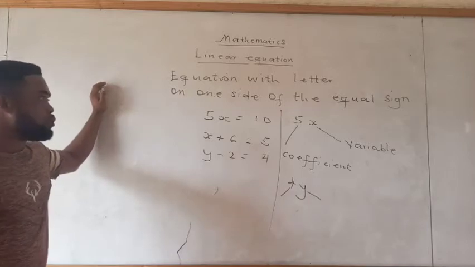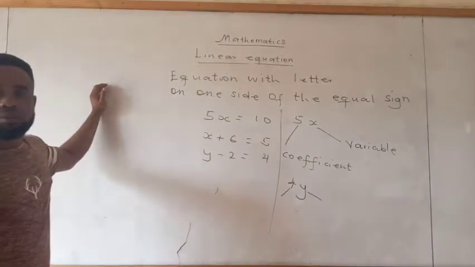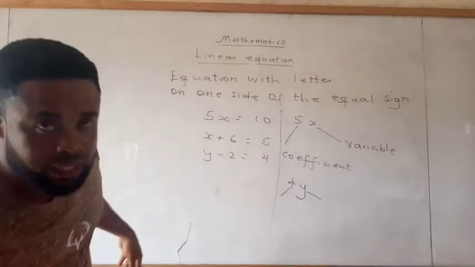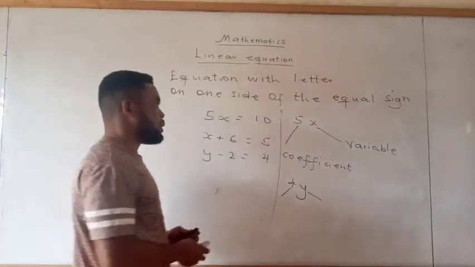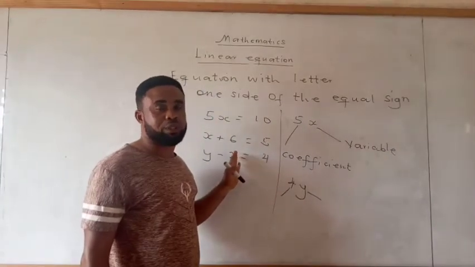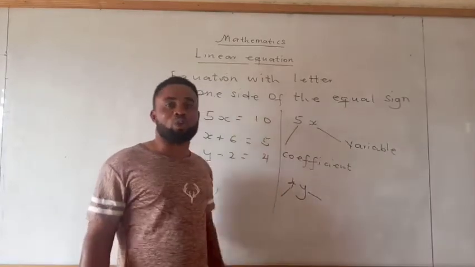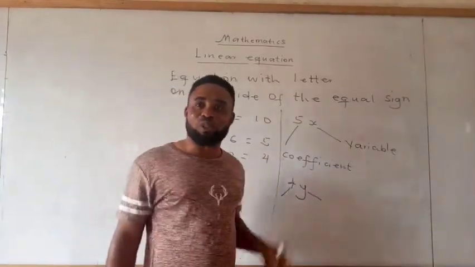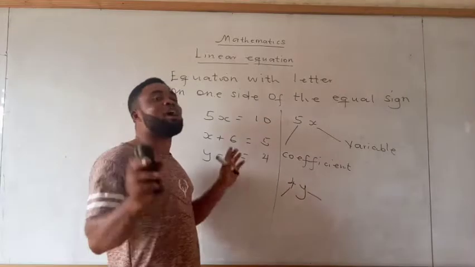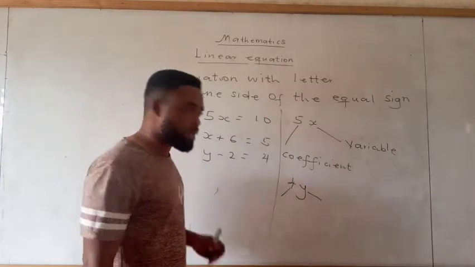We are going to consider 3 examples, and I believe by the end of the 3 examples, you will understand it very well. So just concentrate, please. Pay attention for me. You know I do it always, so I'll do it for you once again. Don't worry, you don't have a problem at all.